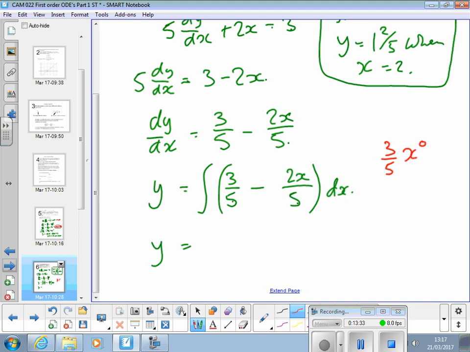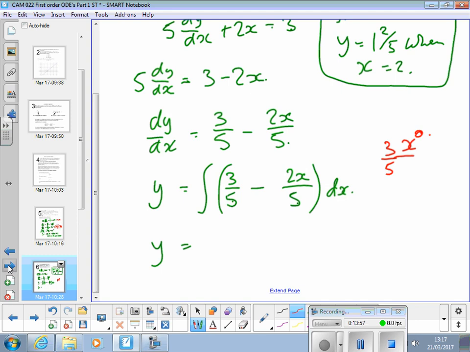And in the process of integrating 3/5 x to the 0, we add 1 to the index, multiply by that new index, don't we?